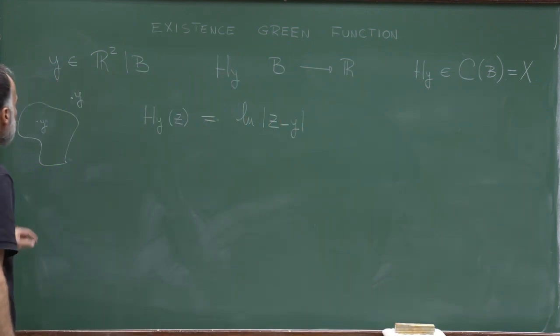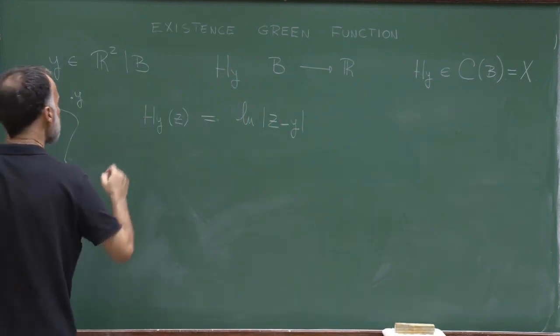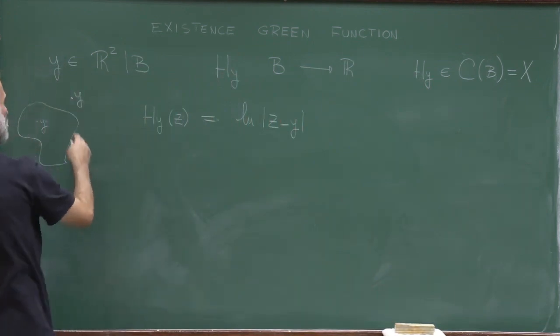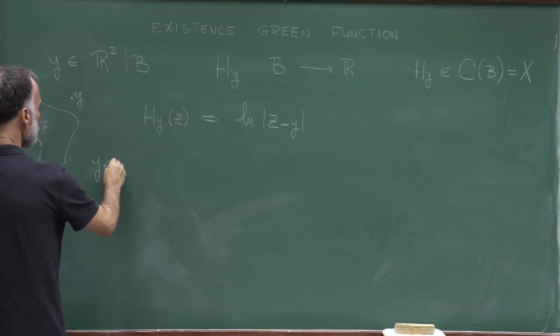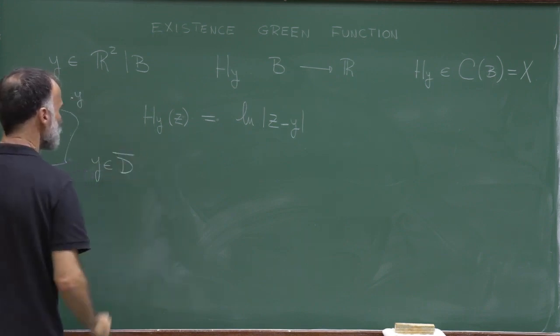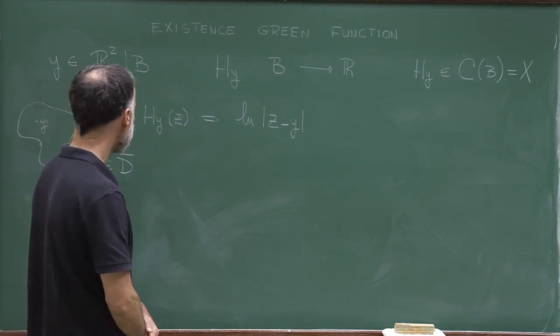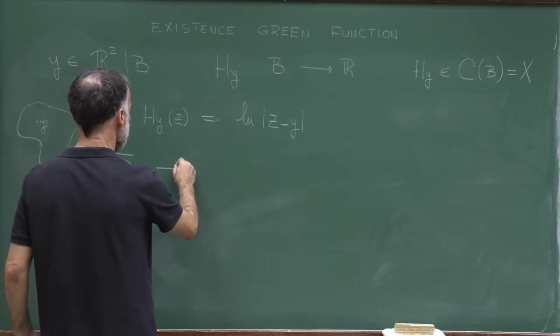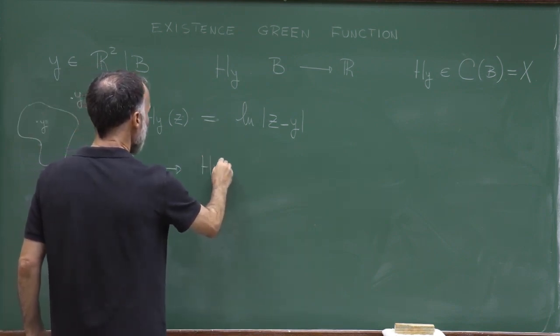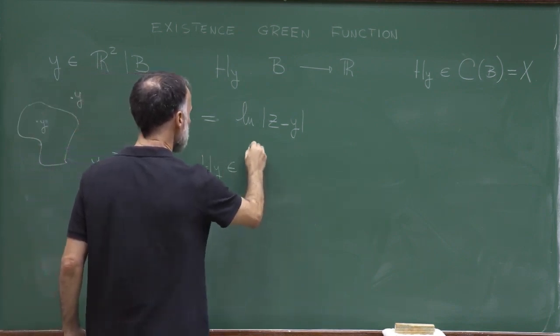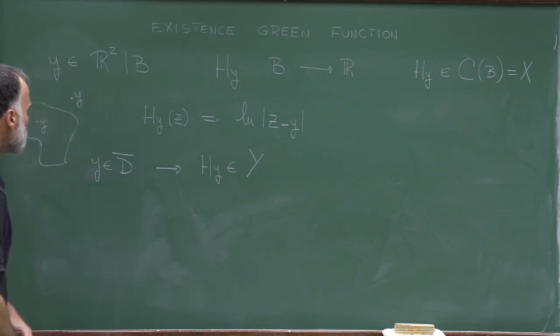Now, I want to obtain some properties of h_y if y does not belong to the closure of D. So assume that y does not belong to the closure of D. What I claim is that in this case, h_y actually belongs to Y. So let's prove that.